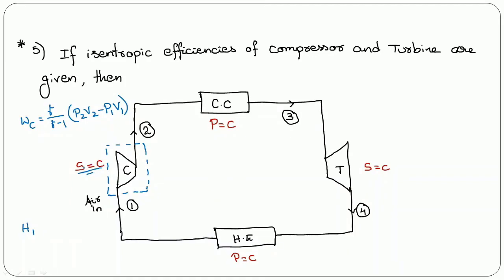So we can neglect them, and during the isentropic process heat transfer is 0. Therefore we can write H1 is equal to H2 minus the work input that we are giving to the compressor. So from this, work input to the compressor can also be written as H2 minus H1. So we can use this formula for work done or that formula for work done.